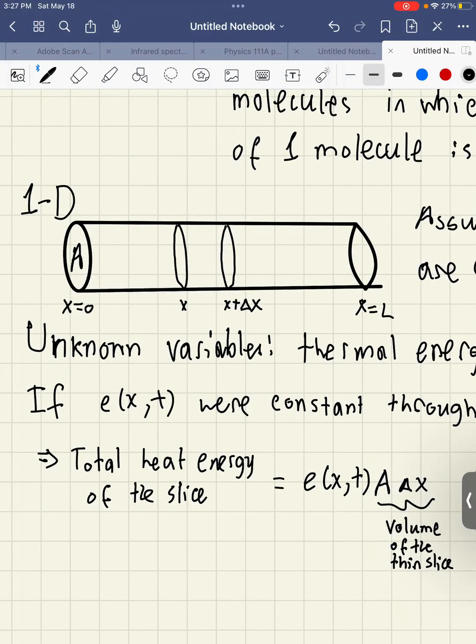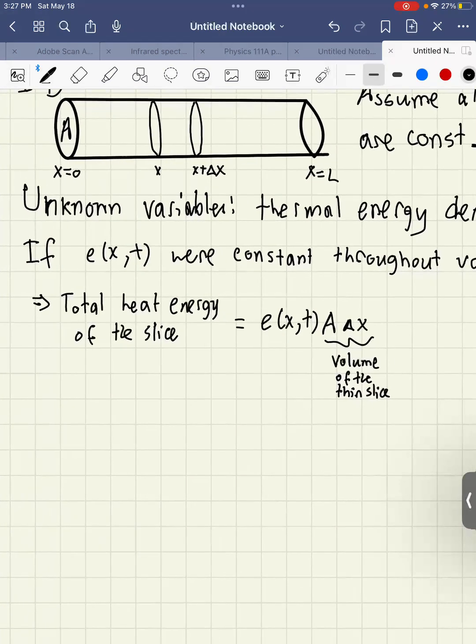What does that mean? If heat energy enters the slice and heat energy exits the slice, the difference between the rates can vary with time. Moreover, there may be some sources within this slice that also produce heat energy.